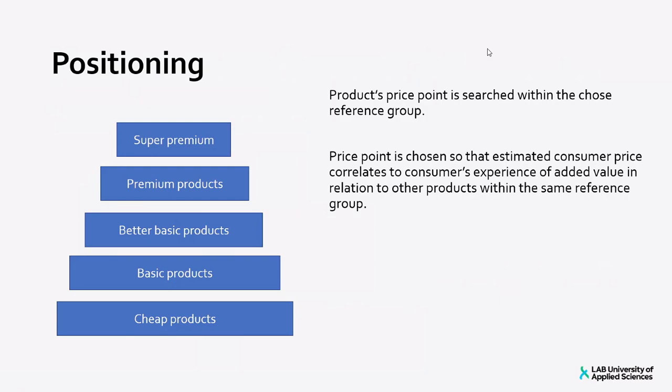So do the end users or the end buyers think that, hey, this is within this reference group, within these, for example, premium products, this price for this product is reasonable, and not that, hey, wait a second, with these similar features, there are products which are, for example, half the price or something.